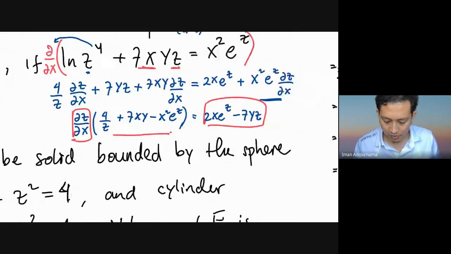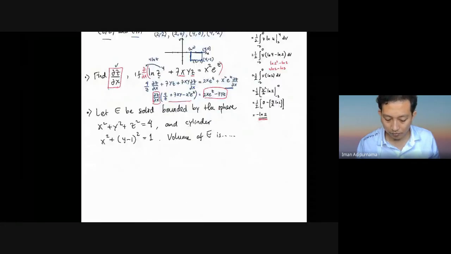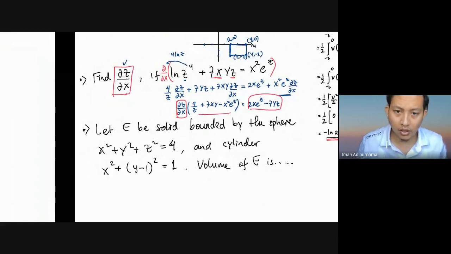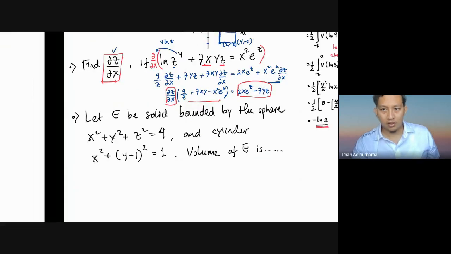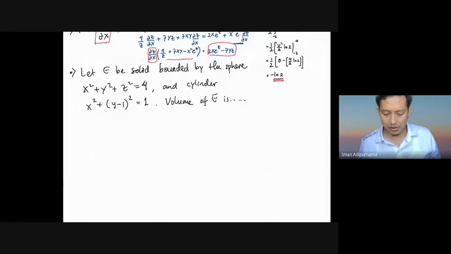Look for these options here. Okay, I believe it's not really difficult as long as you are careful when you do all the partials. Well, let's move to this other question here.